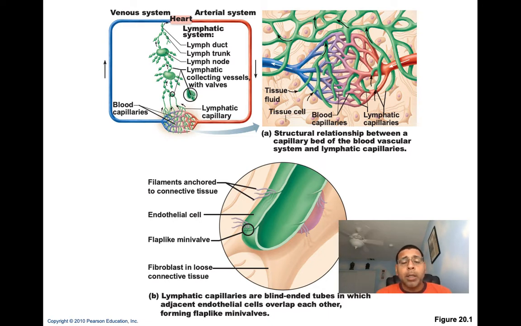So they mark the beginning of this transport system. These lymphatic capillaries are found weaving between tissue cells and blood capillaries in the loose connective tissue of the body, and we can see that here very nicely in this image.